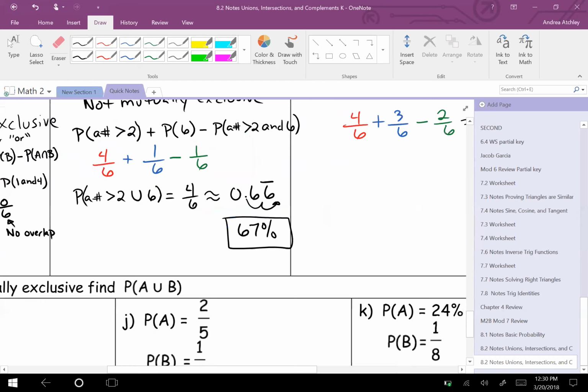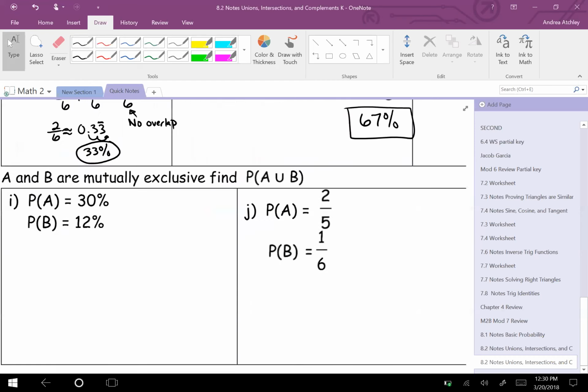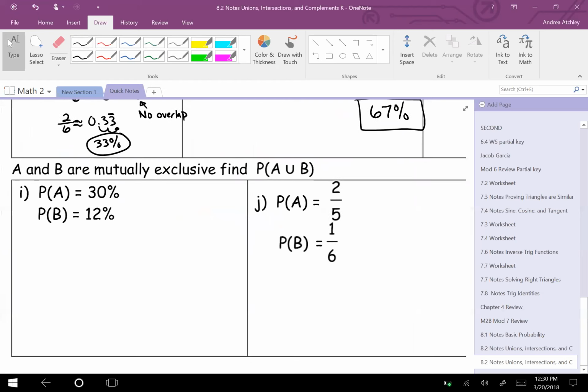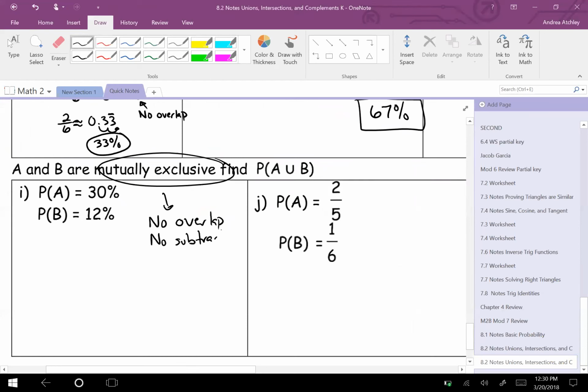Okay, so the next ones say that A and B are mutually exclusive. Find the probability of A or B. A or B means adding. I'm adding here. Since they are mutually exclusive, that means there is no overlap, which means no subtraction. I only subtract the overlap.